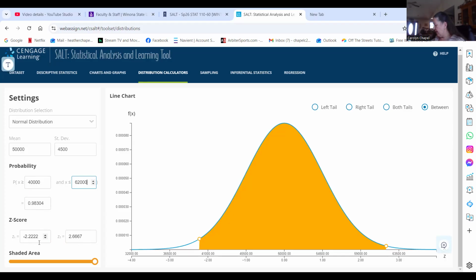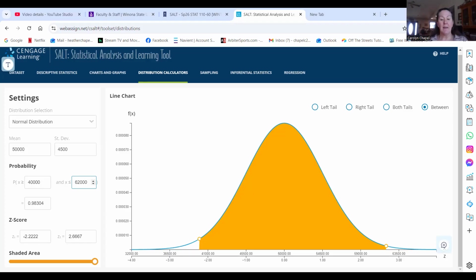You'll notice that in our answer. Our answer was a 0.98304. If I'd gone -3 to 3, we would have been at 99.7. Here we're only at a -2.2 to 2.6. So we didn't quite get there, but we're pretty close.